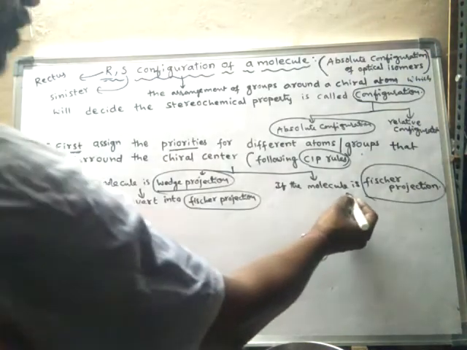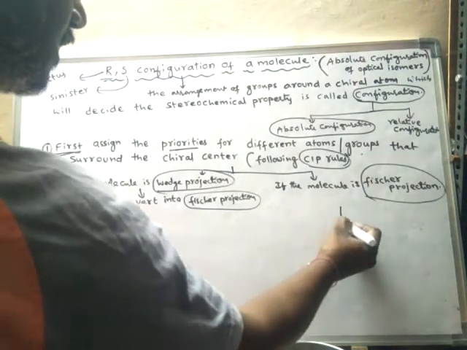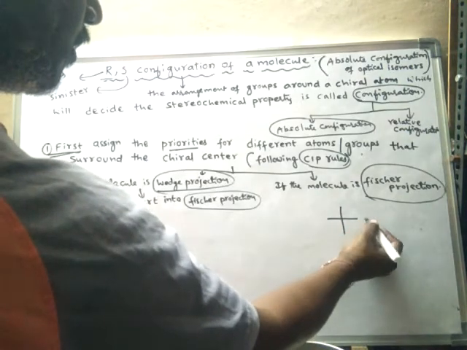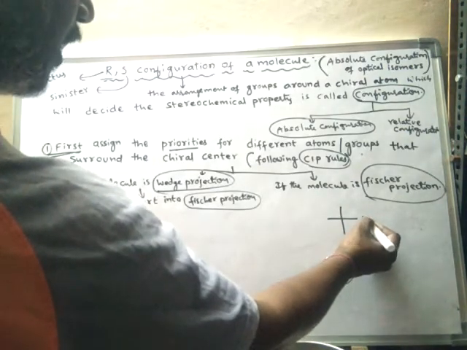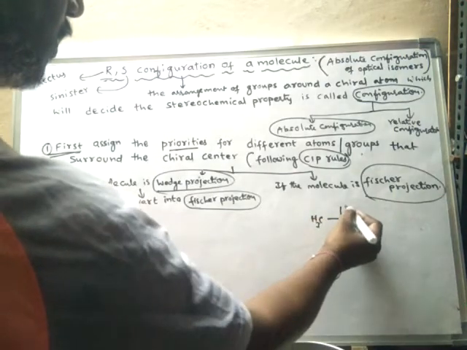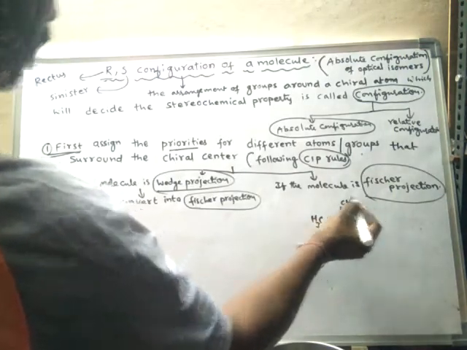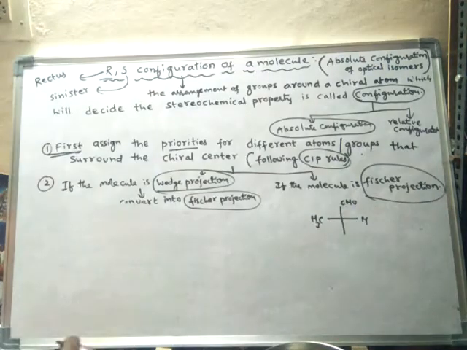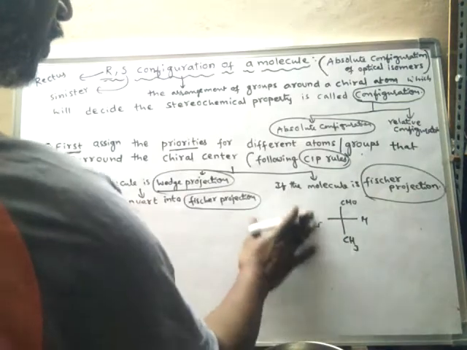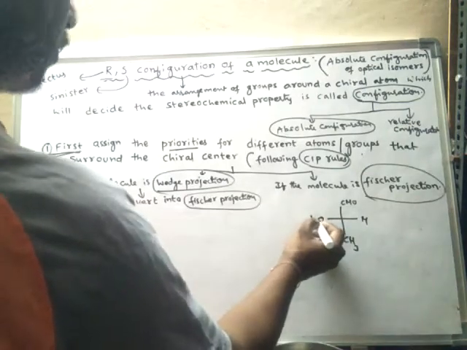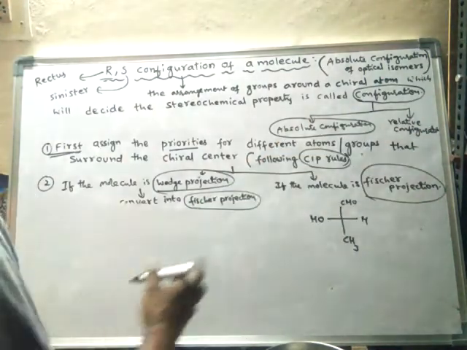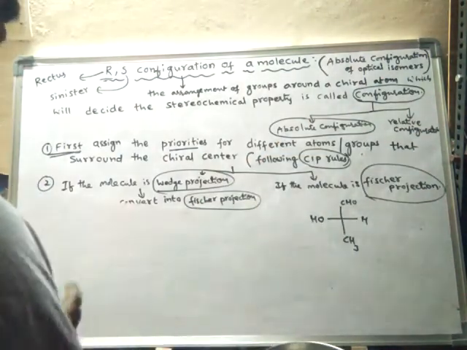For example, if it is like this, let us assume it is hydrogen, CH3, some group CHO, or OH, let us assume. So it is given directly in Fischer projection.